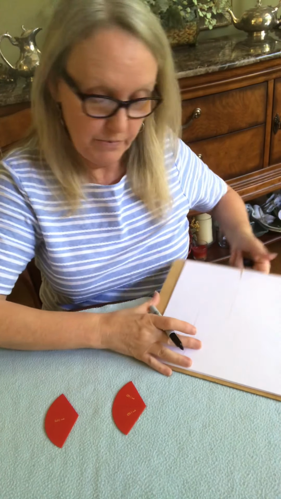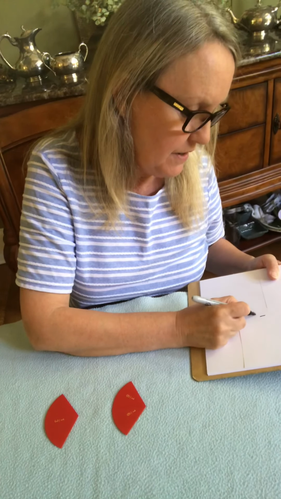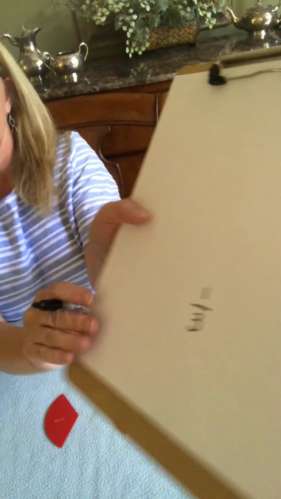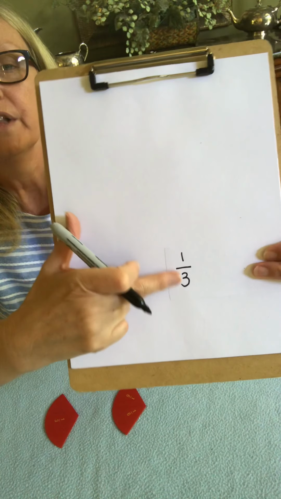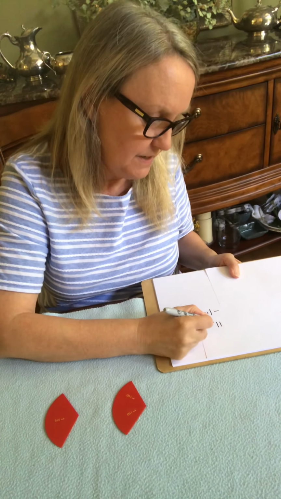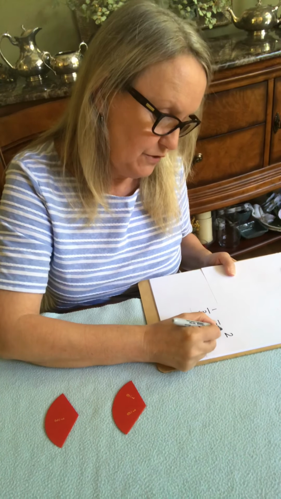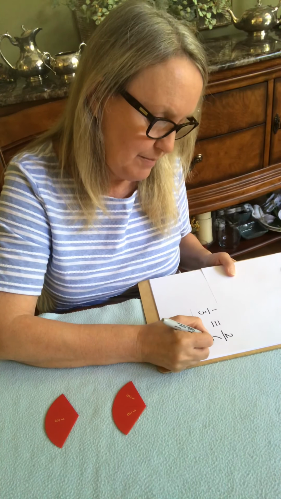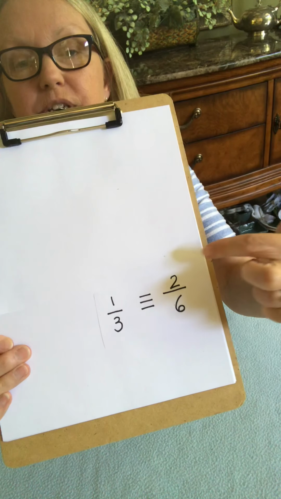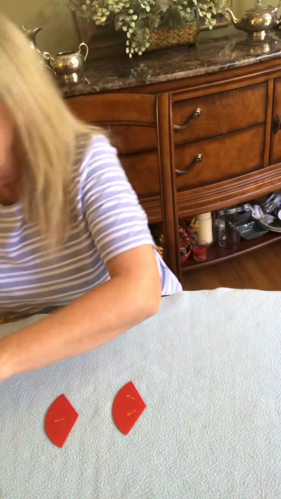2/6. So again, we write our number, 1/3. So 1 is our numerator, 3 is our denominator. So we have it here, 1/3. And we're going to say that's equivalent to 2/6. So we have 2 pieces from our family of 6. So we can say 1/3 is equivalent to 2/6. And we can label them.